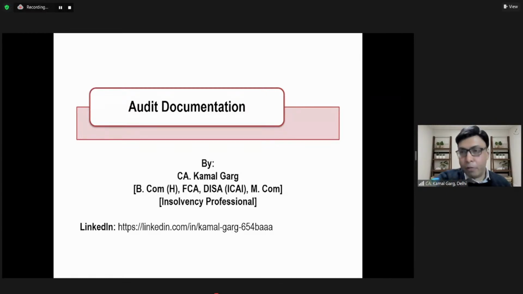For example, let me take an example from the real world. You went for audit on 10th June 2022 and you observed that inventory was valued on LIFO basis. So you recorded the observations and the consequent misstatements in your audit file. You also communicated this observation to management. Management rectified this error and valued the inventory on FIFO basis.